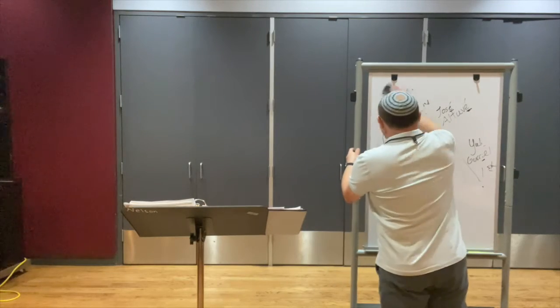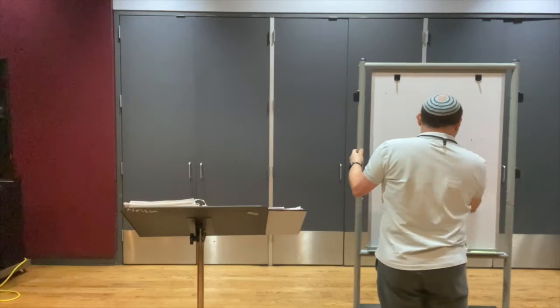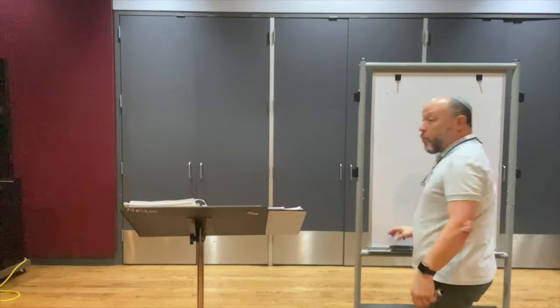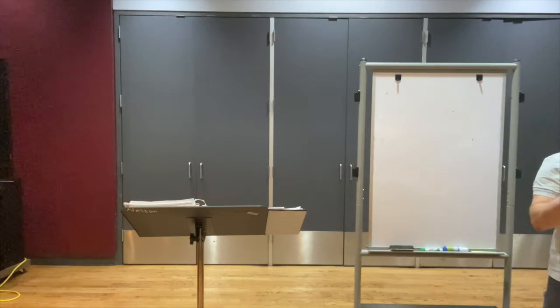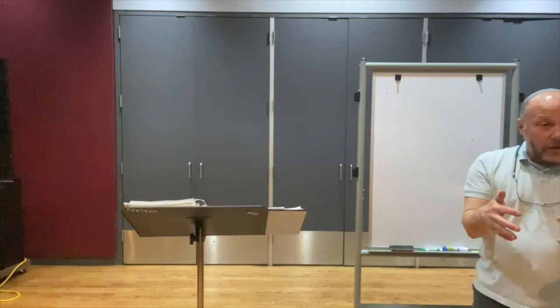Okay, so this is a word that in the Jewish world, the word bore we say all the time. So we have a blessing that says, Baruch atah Adonai, blessed are you, God, Eloheinu melech haolam, our God, King of the world.